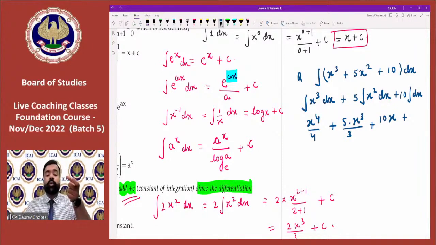Now we don't have to write a separate constant for each and every one. So we can write a common constant, that is c. So this will become the result. So whenever more than two functions are there with plus or minus sign in between, we can separate them. We can easily integrate them separately.